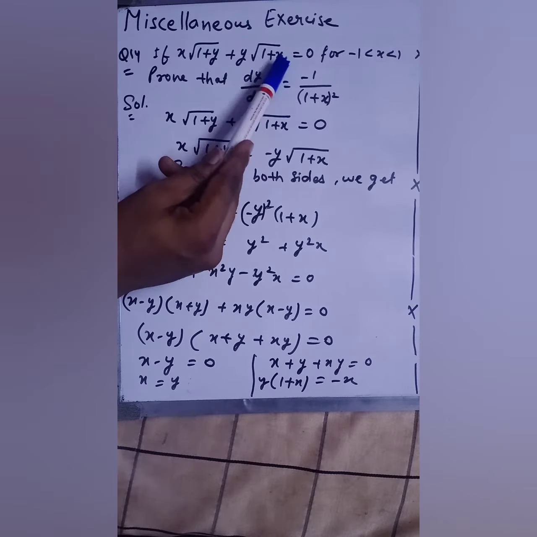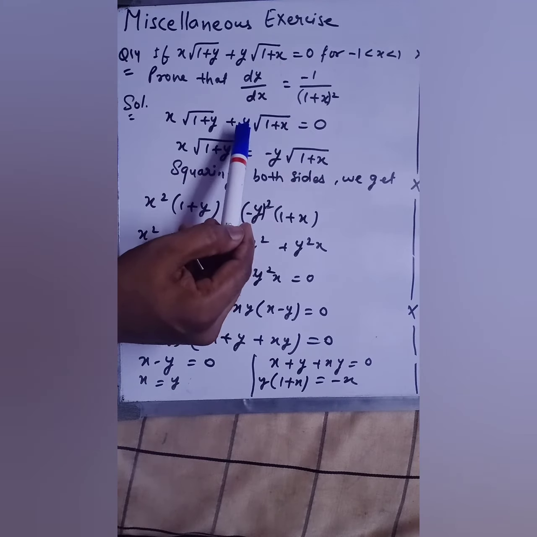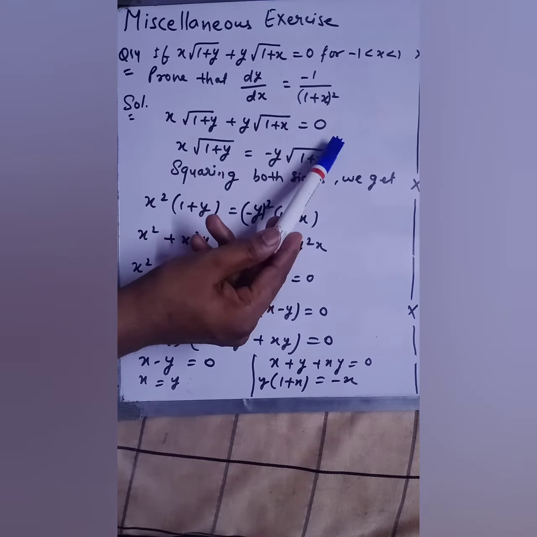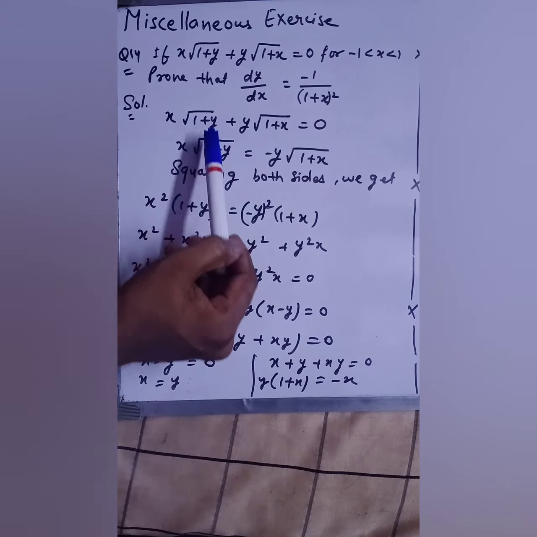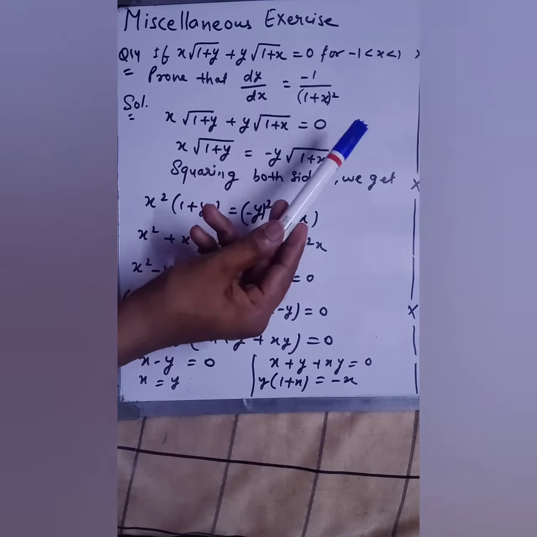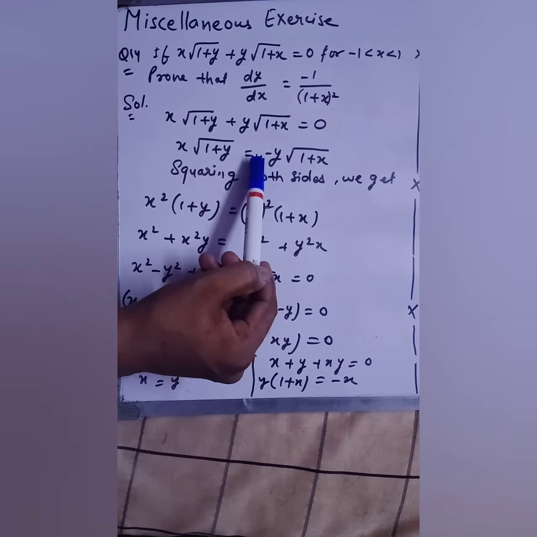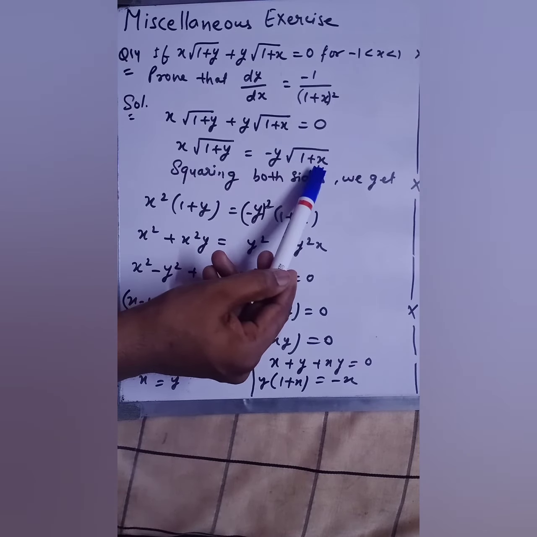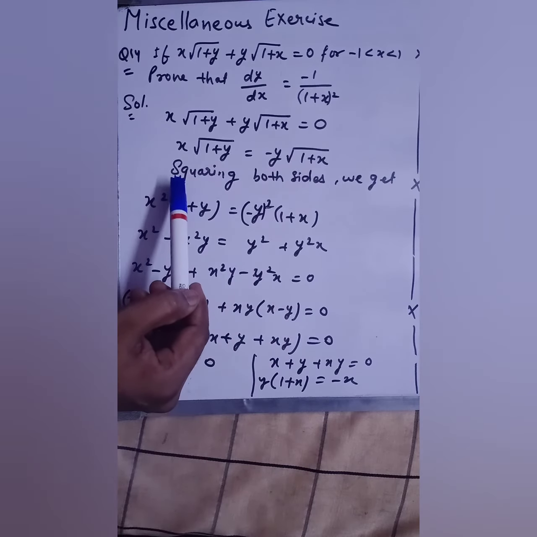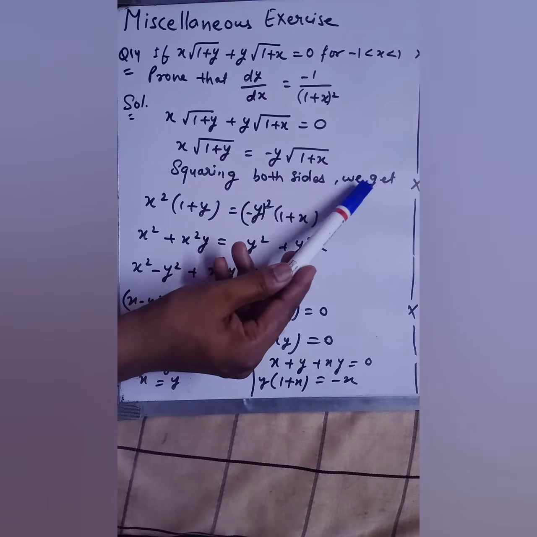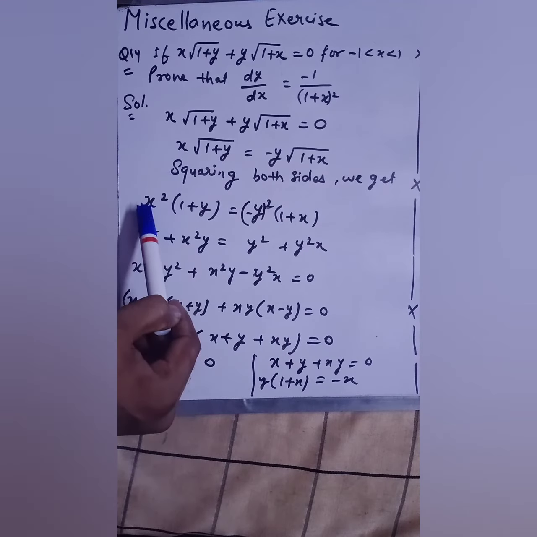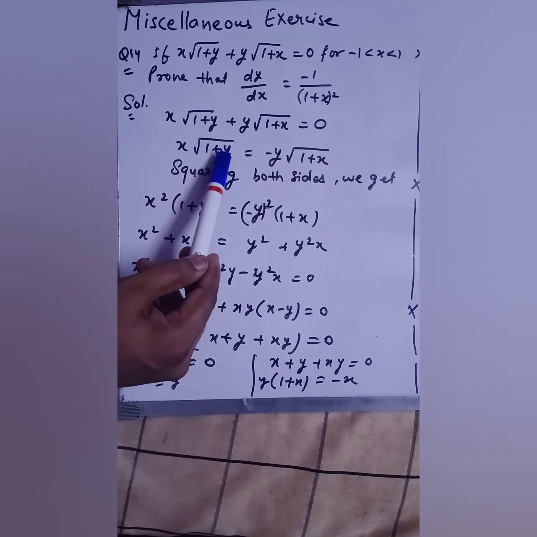So I'm writing the same equation here, and take this term on the right hand side, and you have to change the sign also. x√(1+y) will remain the same, and this term will be on the right hand side. Then you will get -y√(1+x). Here what we are doing, we are squaring both sides. With this squaring, x becomes x² and the root will cancel out.